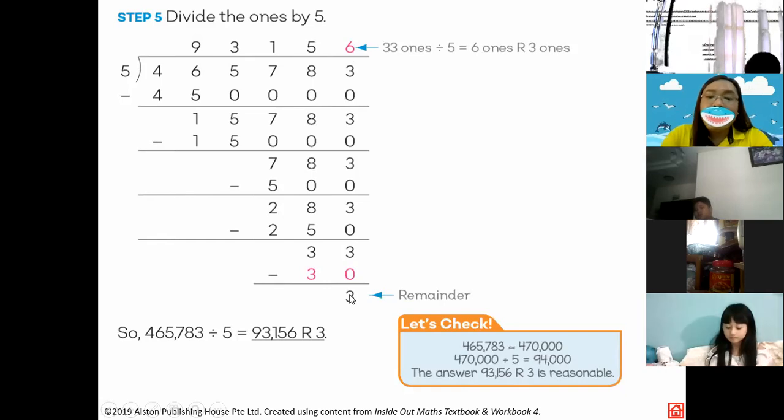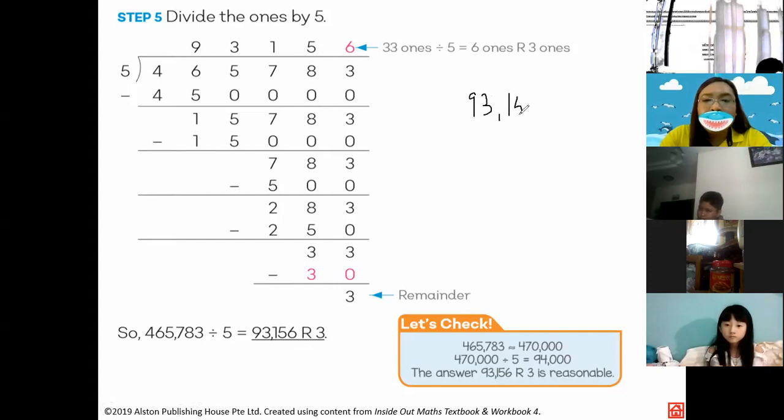So the remainder now is 3. So 465,783 divided by 5 is equal to 93,156 plus the remainder 3. Now for us to check if our answer is correct, we have to multiply 93,156 by 5.